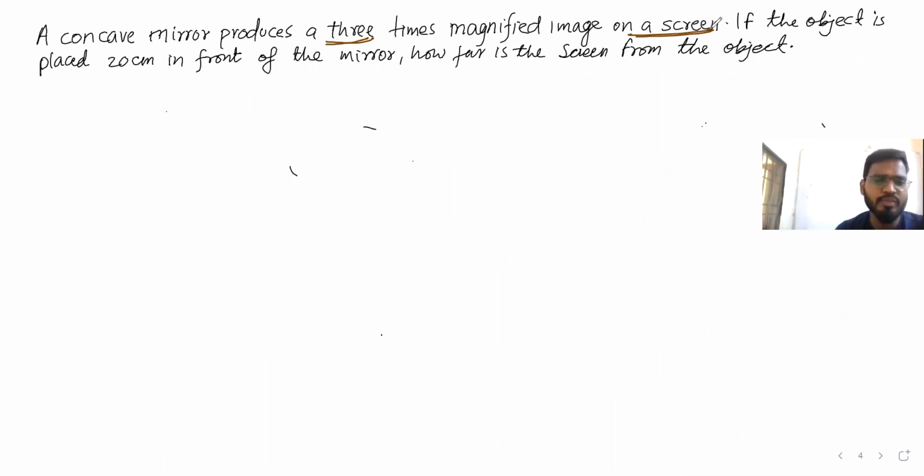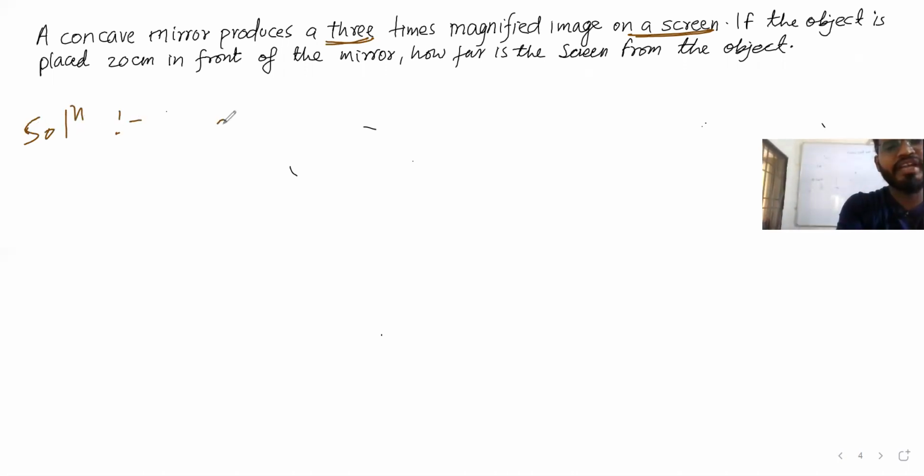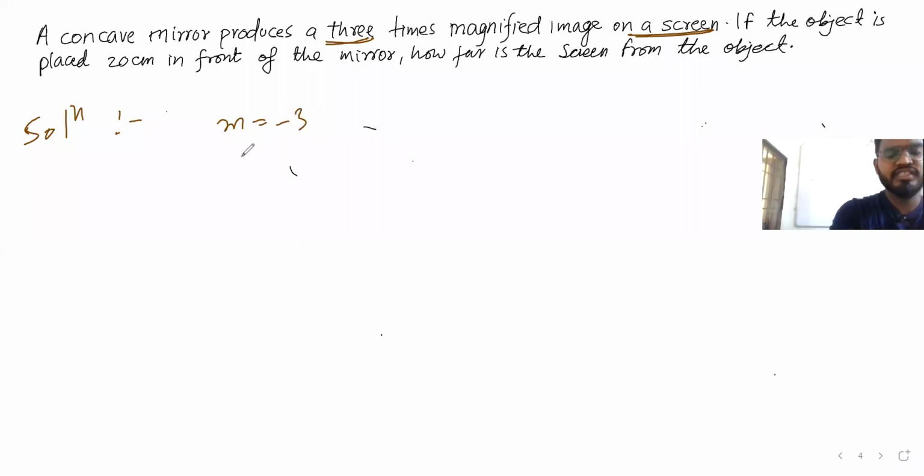So if the object is placed 20 centimeter in front of the concave mirror, how far is the screen from the object? Okay, so magnification, directly we can say 3, and then on a screen, is magnification going to be positive or negative? Think, magnification is going to be -3 as it is formed on a screen.